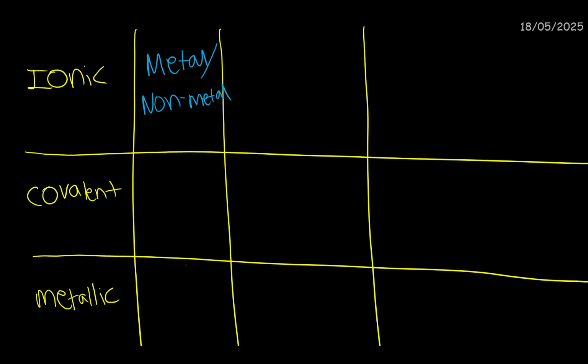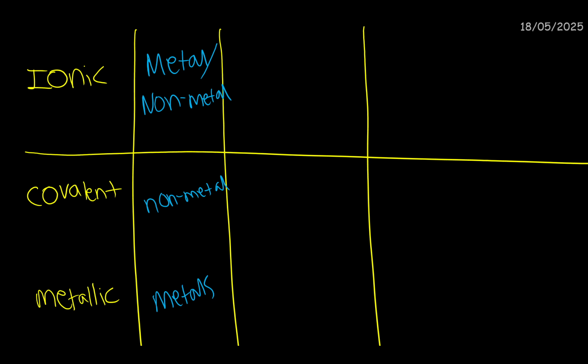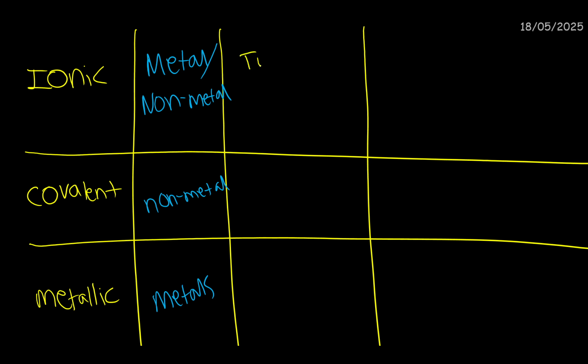And now, what's covalent between? Very good. And Hassan, what's metallic between? Metals only. Sorry, I don't know where my line's gone. Draw that again. Okay, ionic is the transfer of electrons.